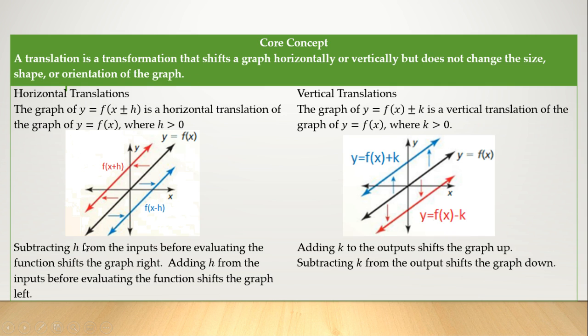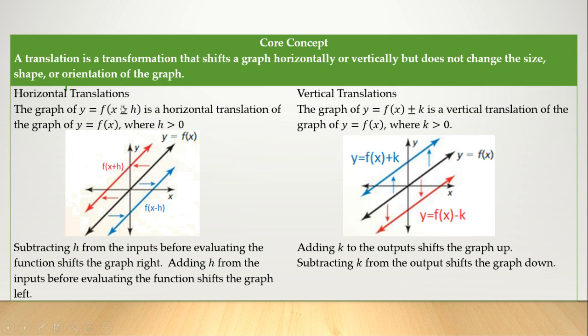In the middle of these graphics, the black line represents our parent function, f of x. The red and the blue represent some transformation that has happened to that function. In this situation, we've taken f of x and we've made a little change. We are adding or subtracting some number to the input.